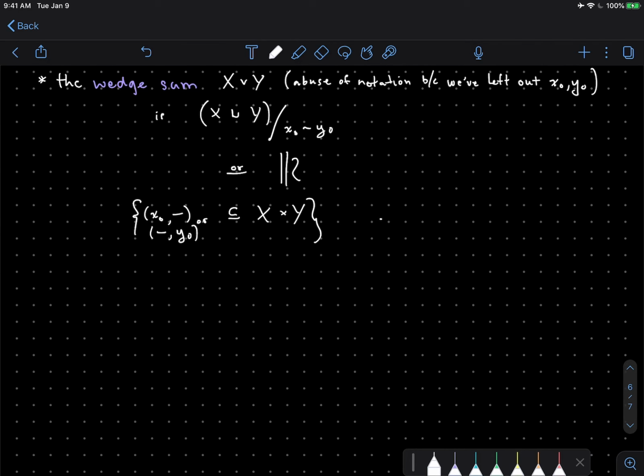This second characterization will allow us to define something else, also very important, the smash product. This is read as X smash Y, and that symbol is in LaTeX \wedge.